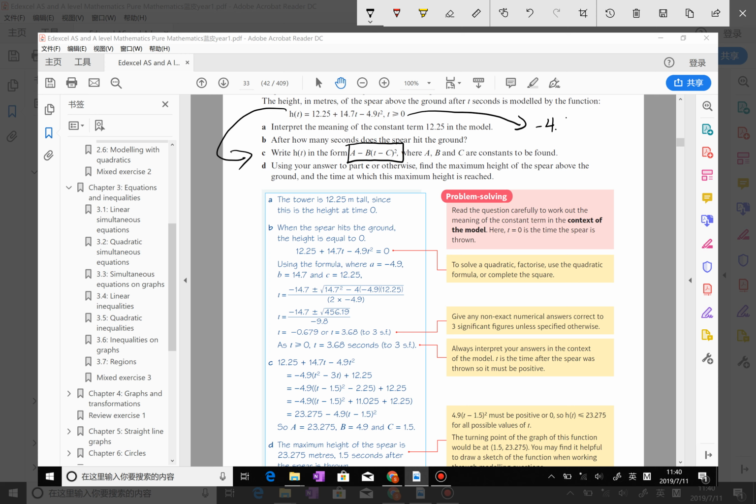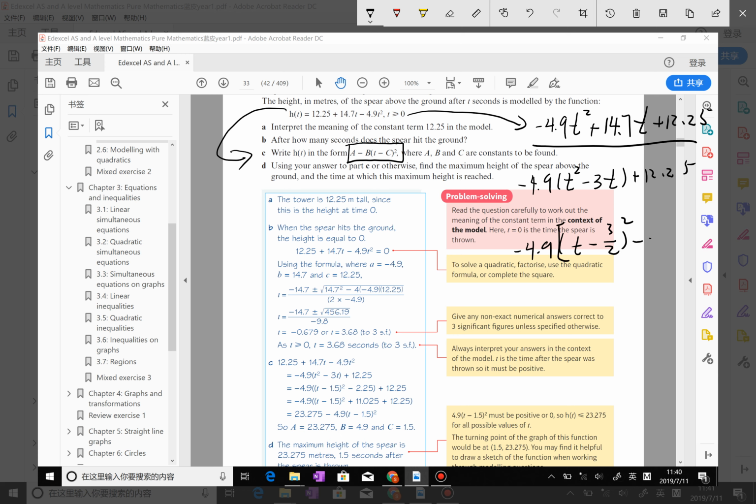So we write 4.9t squared plus 14.7t plus 12.25, with a negative sign on the squared term. To complete the square, we take the 4.9 out: inside, t squared minus 3t, plus 12.25. Then 4.9 times (t minus 3 over 2) squared, and then minus 9 over 4 plus 12.25.